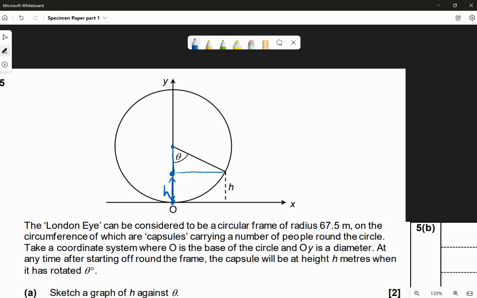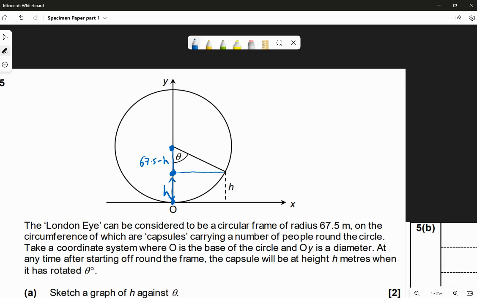I know that this part, from there to there, is what's left over to make 67.5. The radius is 67.5 in total. So this part here, let's call it 67.5 minus h.